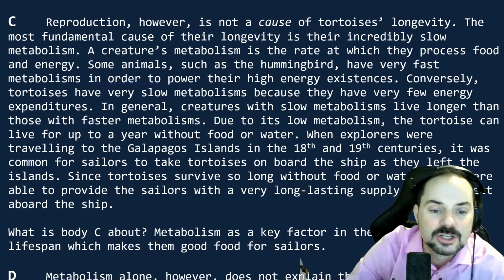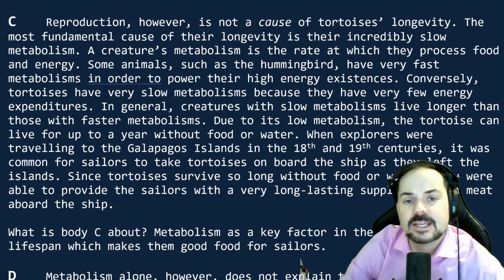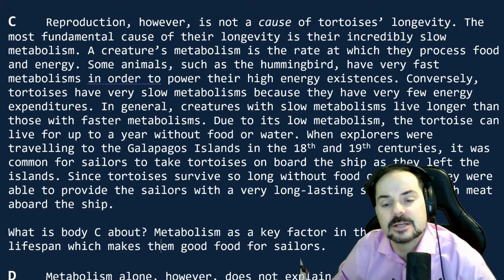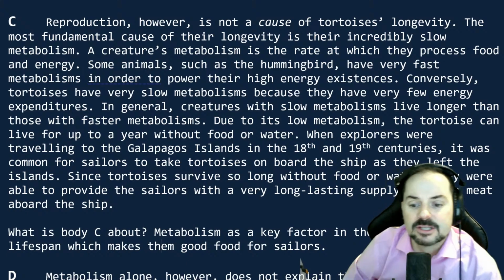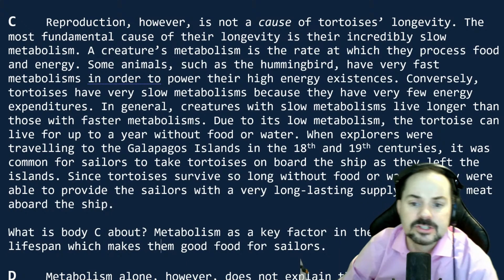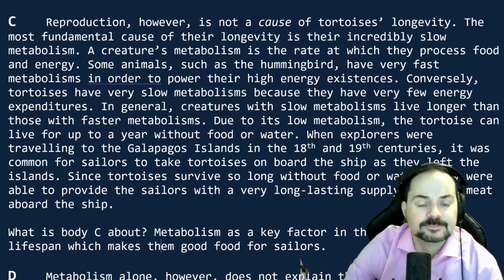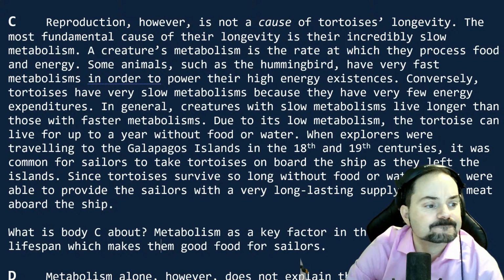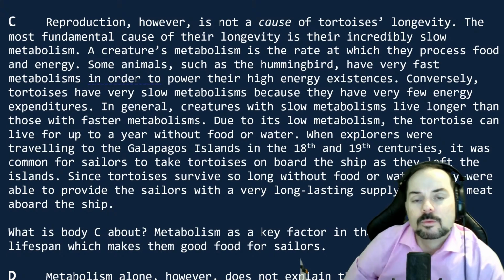You remember the information. Romelia, what do you see when you read this paragraph about the metabolism and these sailors? What do you see? What do you visualize?